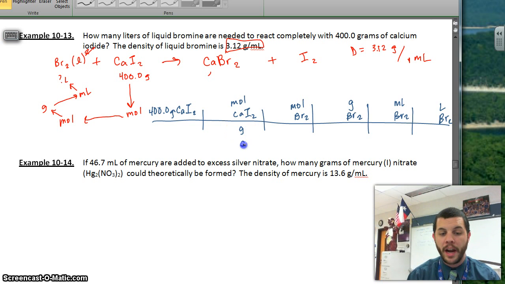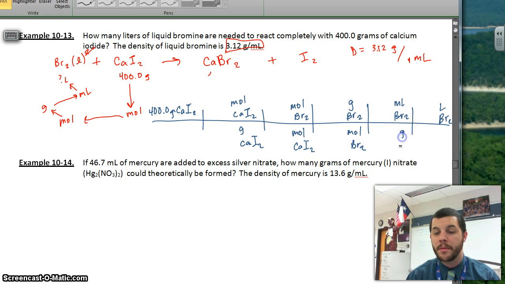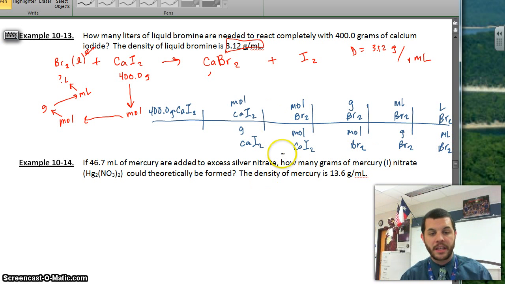Bring everything down. Grams of CaI2, moles of CaI2, moles of Br2, grams of Br2, and milliliters of Br2. Now, most of these are things that you've seen before.